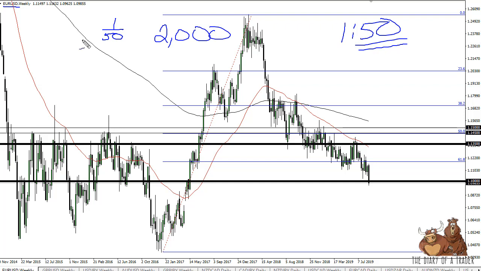So what happens is, let's say you move 10 ticks in your favor. Well, those 10 ticks, and again, this is a 100,000 position, so 100K. Those 10 ticks equals $100 in this case. So you end up with $2,100.